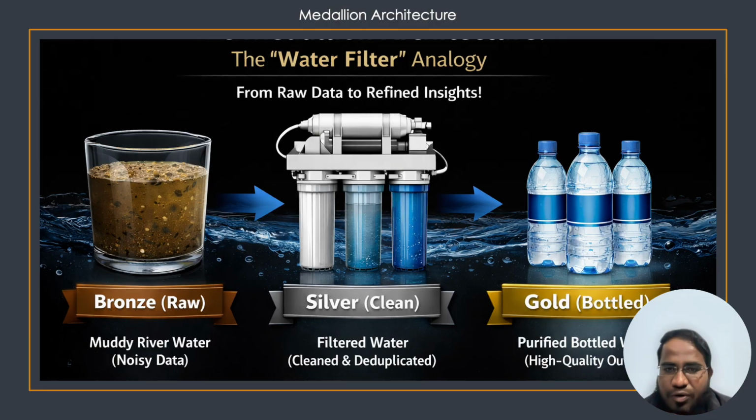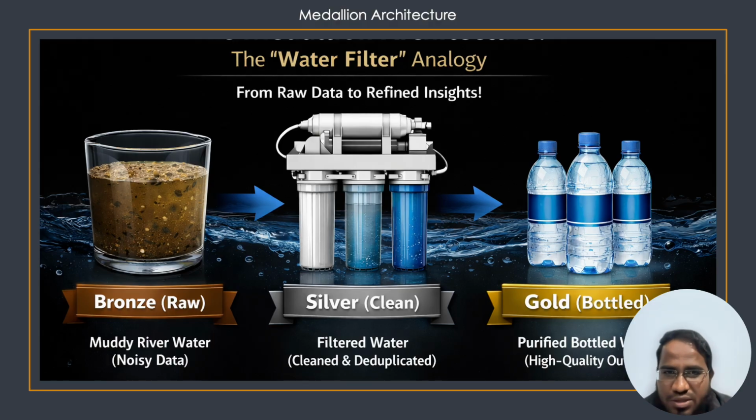In Databricks, we follow the medallion architecture. To understand it at a layman level, consider muddy river water that has been cleaned using some RO technology, then we feed some minerals into that water to make it ready to drink.